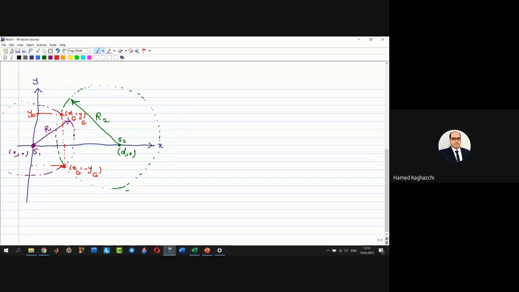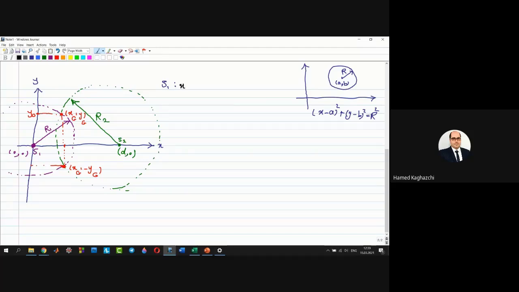Now let's write the circle equation. What is the equation of a circle? Suppose that I have a circle like that. According to this equation, let's write the equation of these two circles. For S1, the center of this circle is 0 and 0. It means that A is equal to 0 and B is equal to 0.